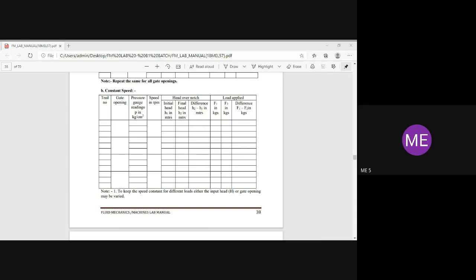For the second trial, H1 you have to take as 0.3 centimeter, common for all the readings. In the H1 column you enter 2 centimeter and in the H2 column 1.7 centimeter for all the trials.